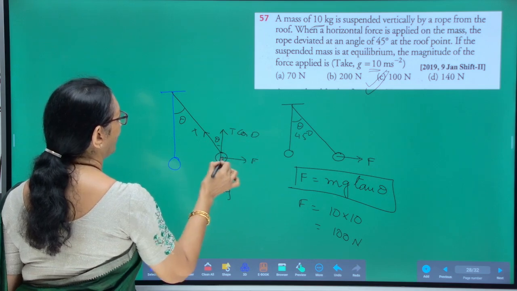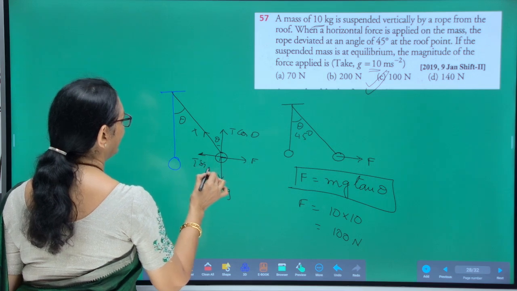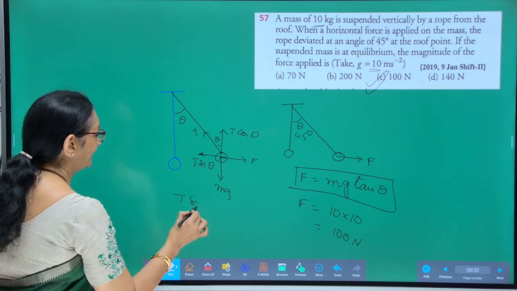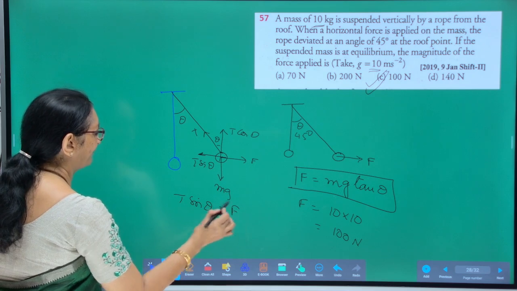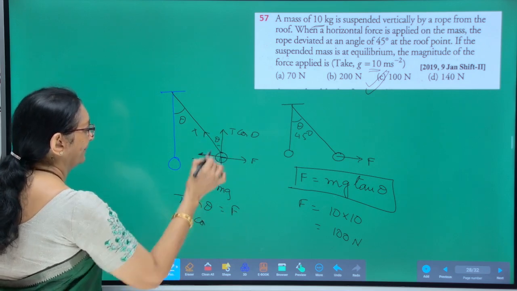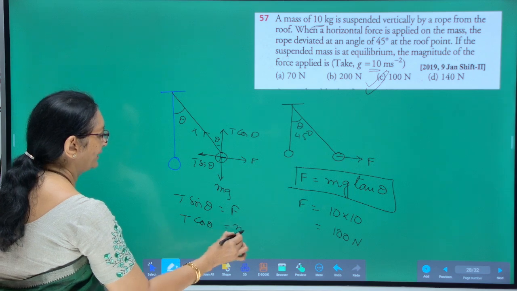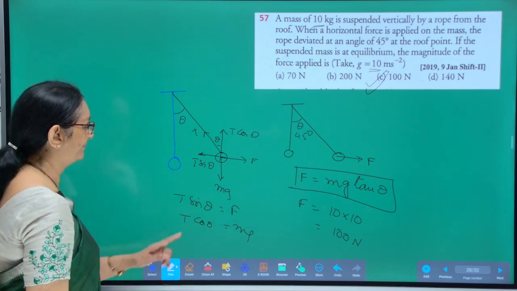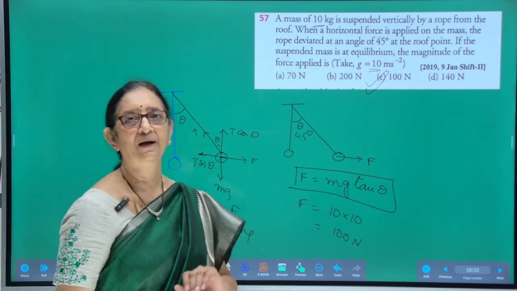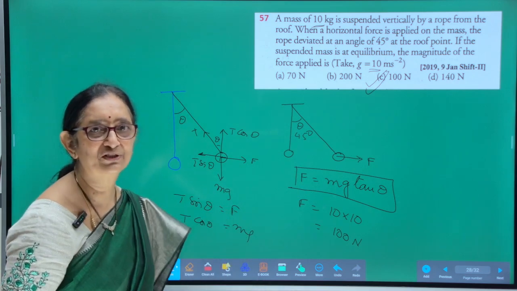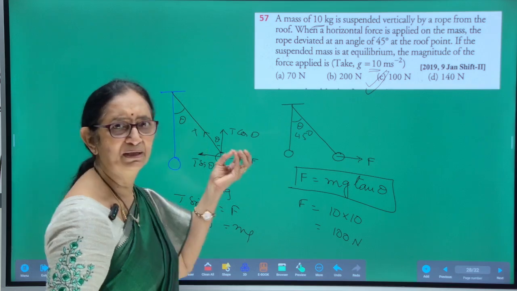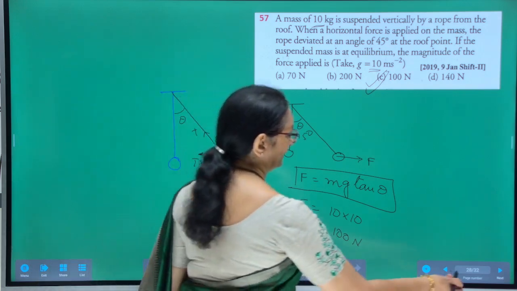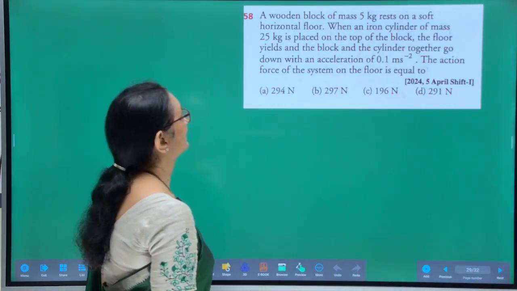This is T cos theta, this is T sin theta. T sin theta balances F, T cos theta balances mg. As a result, F by mg is equal to tan theta or F is equal to mg tan theta. It must be perfectly there in your mind. Come on to the next problem.